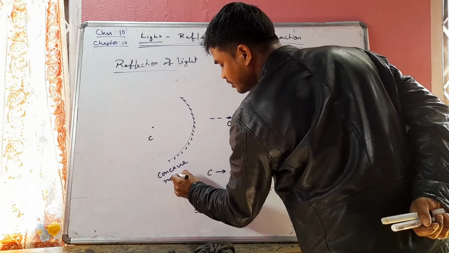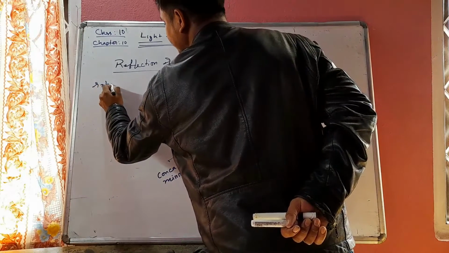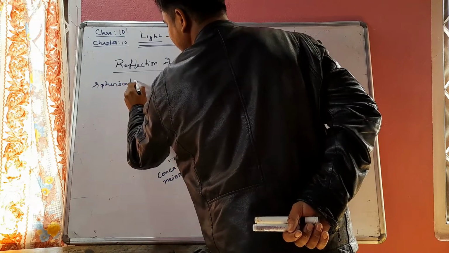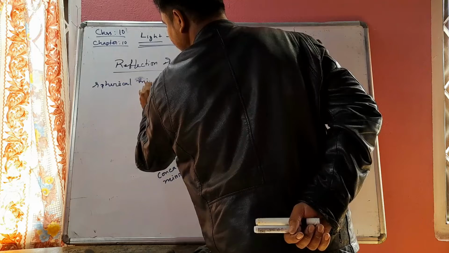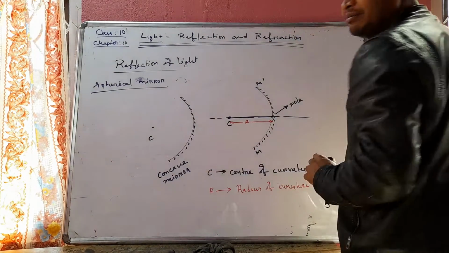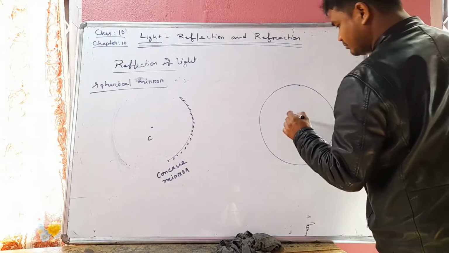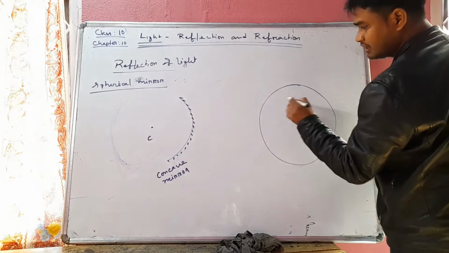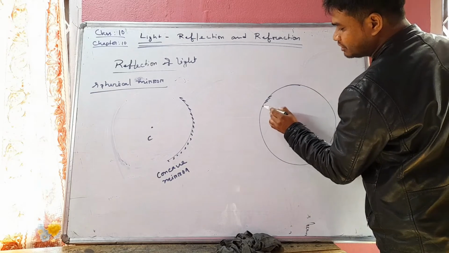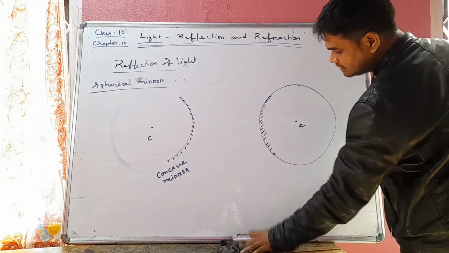There are two types of spherical mirror. One is called a concave mirror. Another surface is there, the same, and we polish this inner surface.